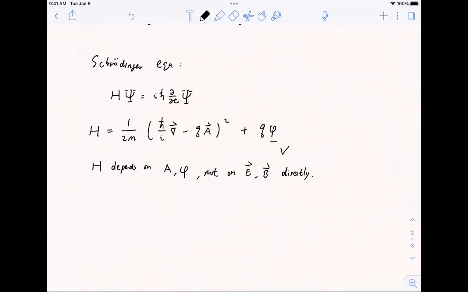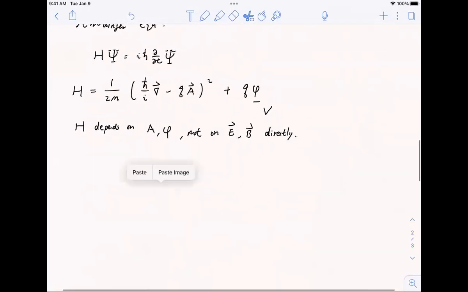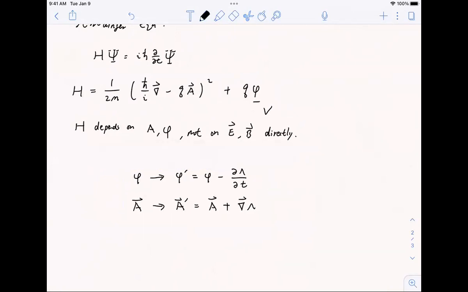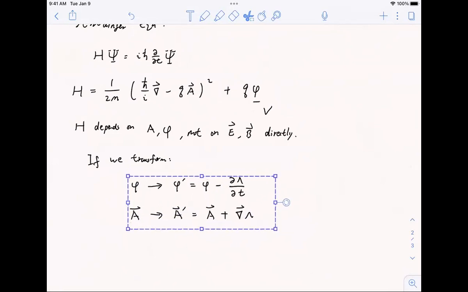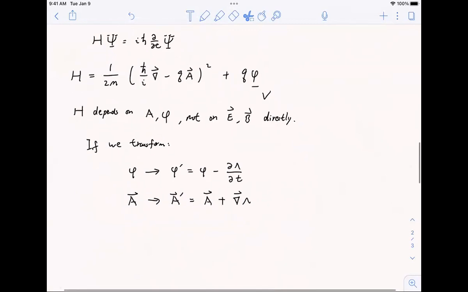So first, let's consider something directly related. You have a gauge transformation. If you do a gauge transformation on the Schrodinger equation, what will happen? If we transform this, you can actually deal with this by yourself as an exercise. Here I just write you the answer.